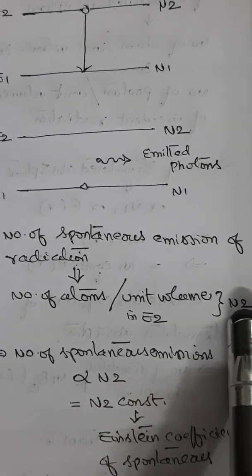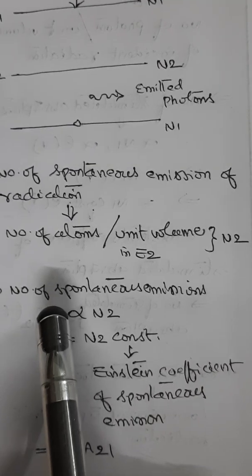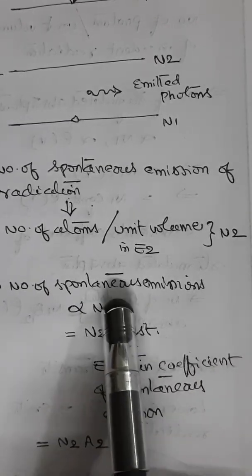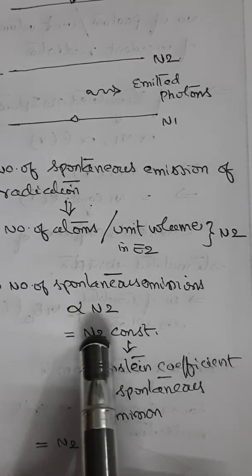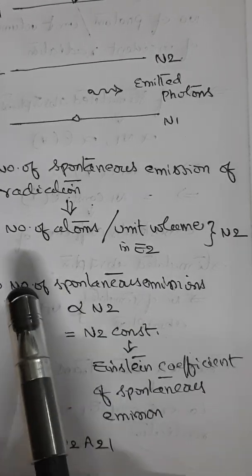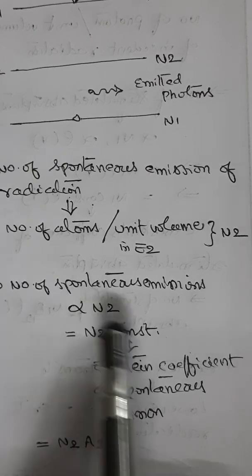That is, it is directly proportional to N2 only. So mathematically, the number of spontaneous emissions is directly proportional to N2. When you replace this proportionality with an equality, you get a constant. So you can write the number of spontaneous emissions equals N2 into a constant.